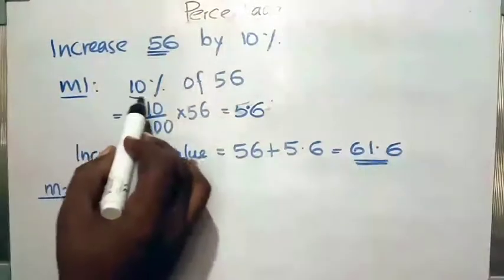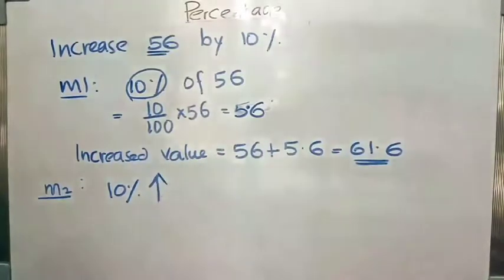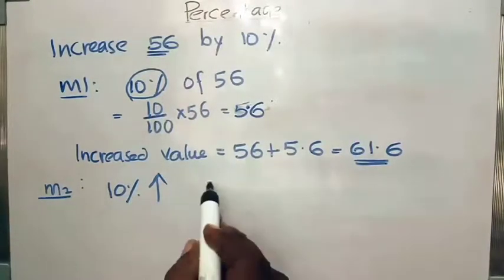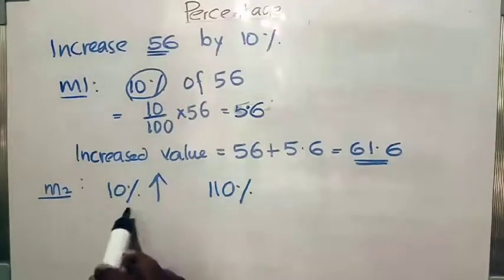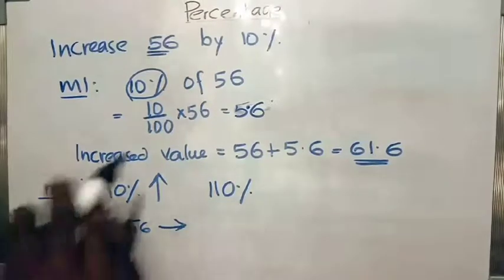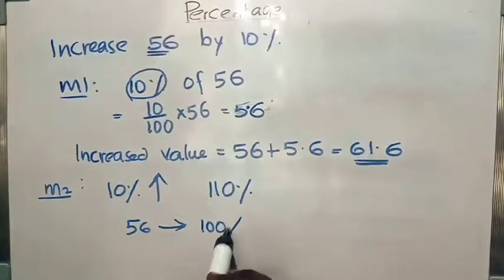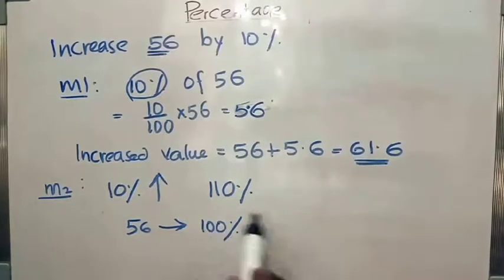And the second method is, as 10% is increasing, the new percentage becomes 110%. The number 56 is considered as the whole number, the total number. That means 56 makes 100%. So if you make a number bigger than 56, it becomes more than 100%.